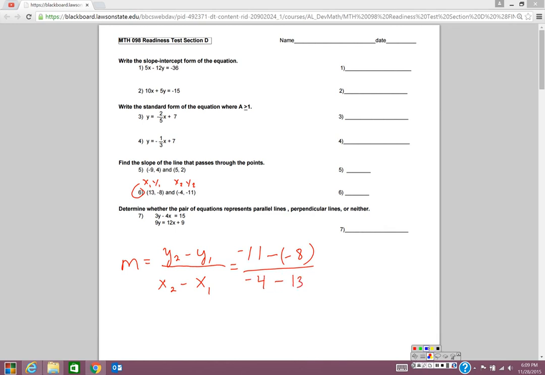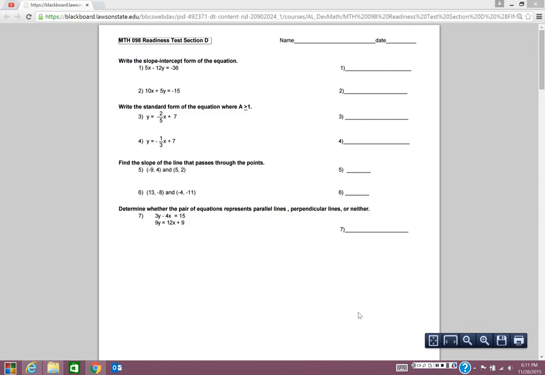So here we have positive, positive, a negative 11 plus 8 is negative, of course, 3 over, now we have a negative 17. So do not leave your answer this way, in which it's not simplified. Negative divided by negative is positive, so you should write it as positive 3 over 17. So make sure you pay close attention to details.